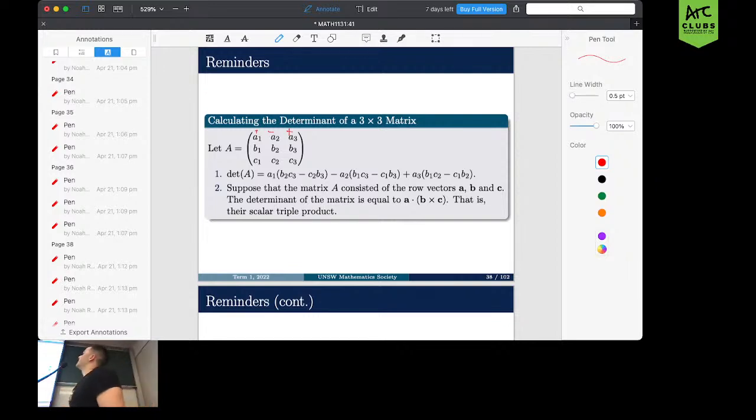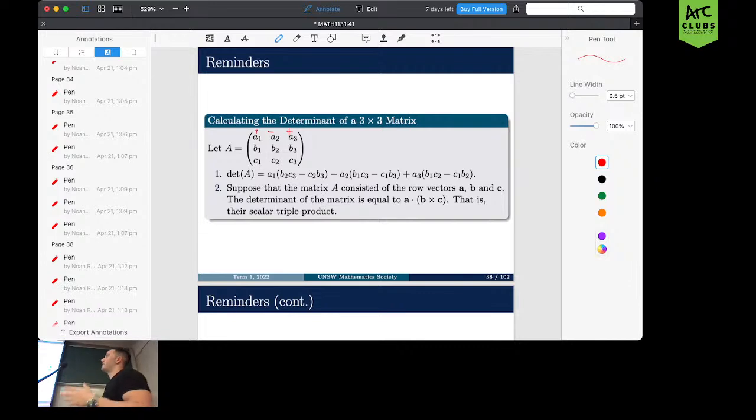Now, an important property of a determinant is that, assuming these are row vectors, bold A, bold B, and bold C, we have this thing called the scalar triple product, where if you do A dotted with B cross C, you get the special quantity called the scalar triple product.